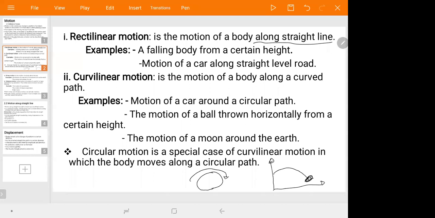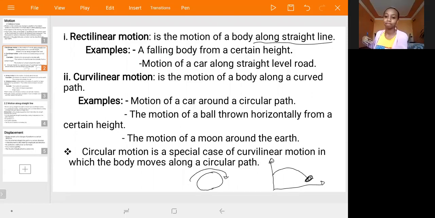What type of motion? Curvilinear motion. Have you seen? And the other one, the motion of the moon around the earth. I think you know this one.